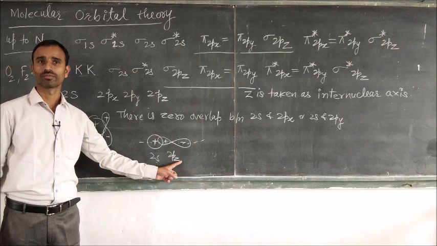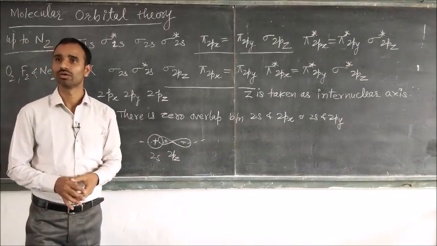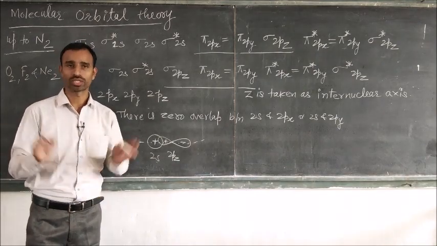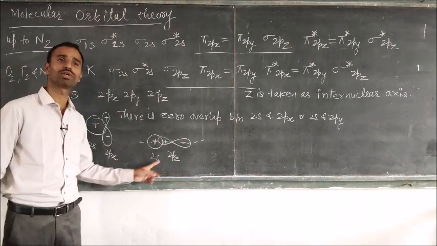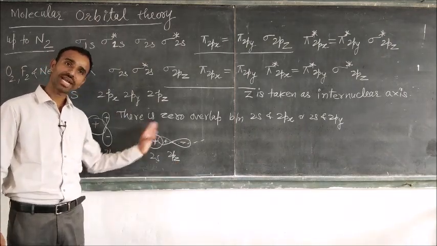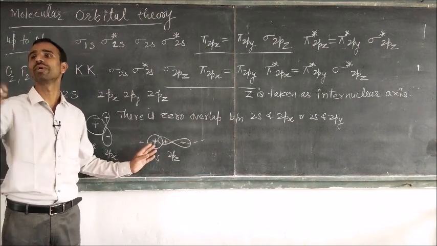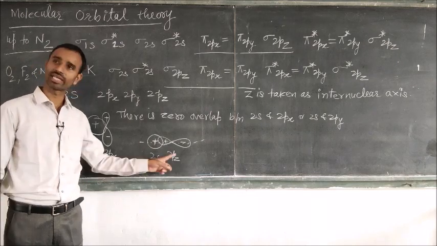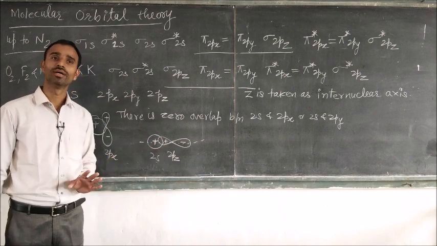And the overlap takes place when their energy difference is less, when there is a slight energy difference or no energy difference. Then 2s can interact with 2pz. They are symmetrical, but the condition is that their energy should be comparable.